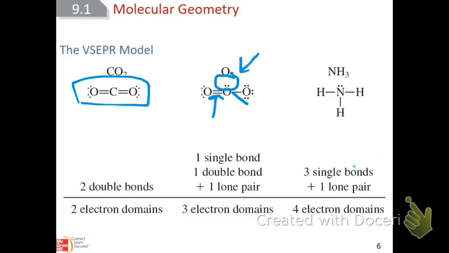We could talk about the bond angle between the two hydrogens here, or we could talk about the bond angle between the nitrogen and the hydrogen here. So there's two different ones that we could be talking about, and it's going to stress to you which one it's talking about, and you're going to have to pay attention to that.